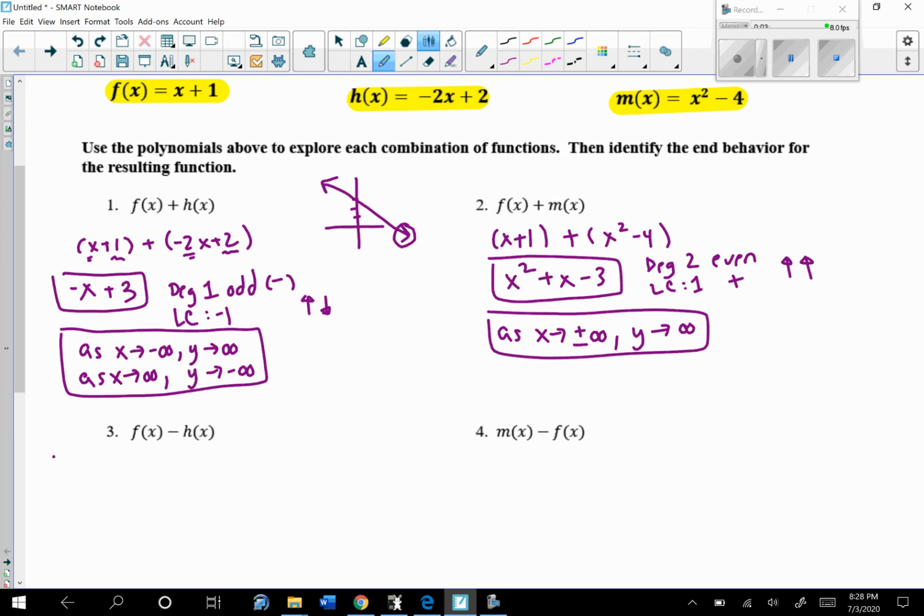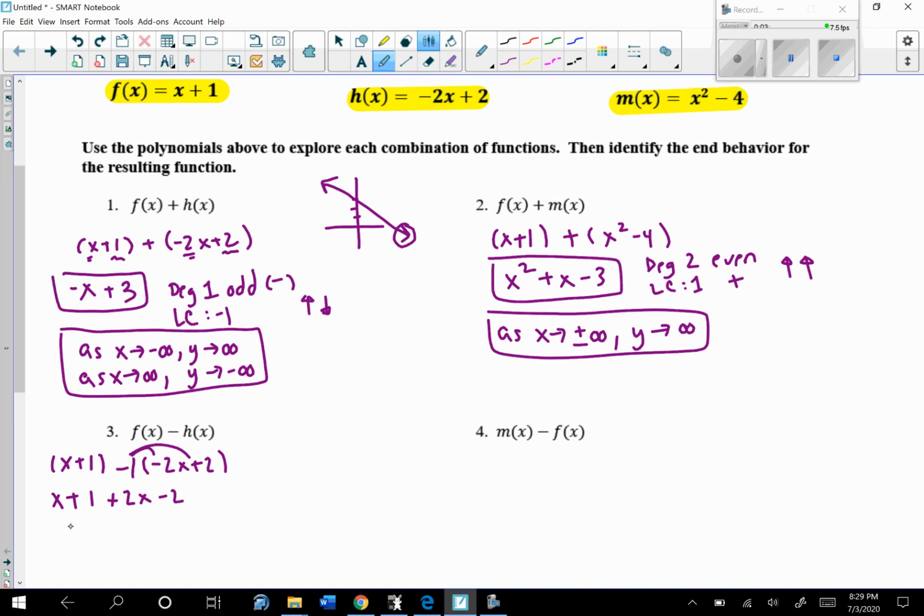So for f of x, we have x plus 1 minus h of x, which is negative 2x plus 2. Keep in mind, remember, there's this 1 that goes right here as a placeholder, and we can go ahead and distribute that negative 1. This one, you do have to be careful to make sure you put those in parentheses. So x plus 1 minus becomes plus, so 2x, and then negative 1 times 2 is minus 2.